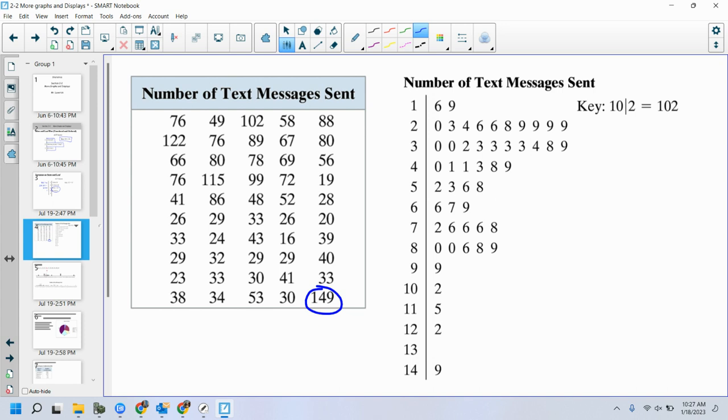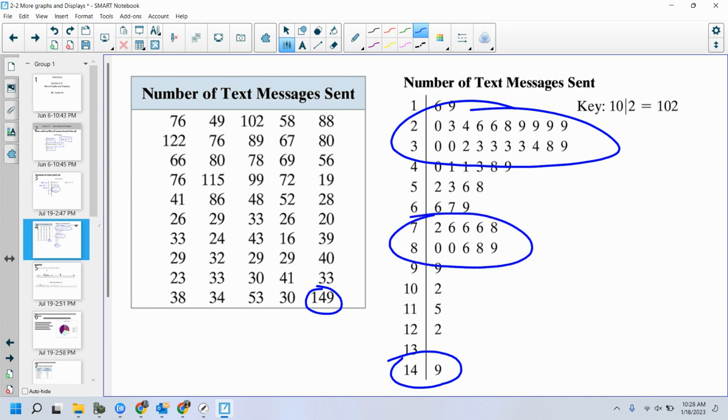I may not have been able to see that if it was just represented as a table. I might have guessed that it was an outlier, but it's way far separated from a lot of our data. And I can see most of our data is chunked in the 20s and 30s. There is another chunk in the 70s to 80s, right? But 149 is an outlier.